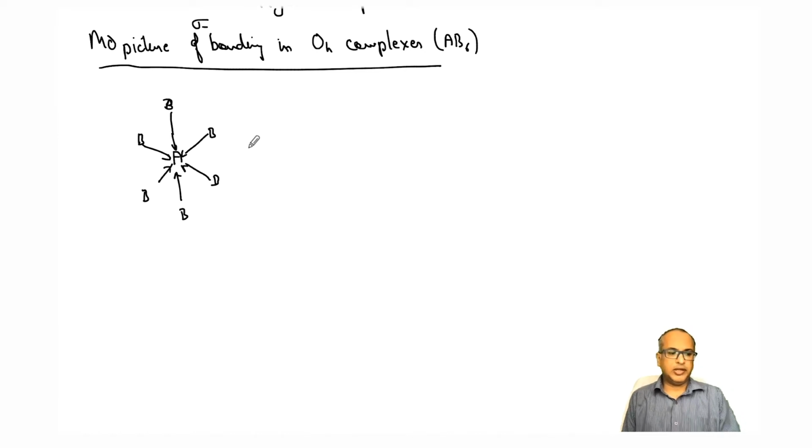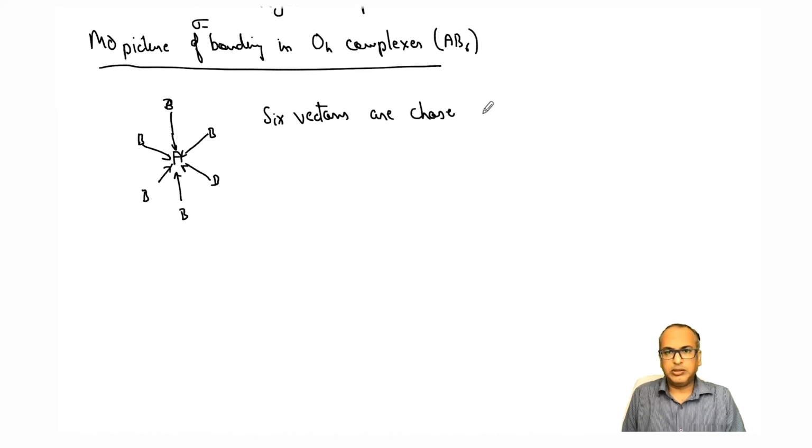All right, so 6 vectors are chosen for creating SALCs of ligand atomic orbitals.